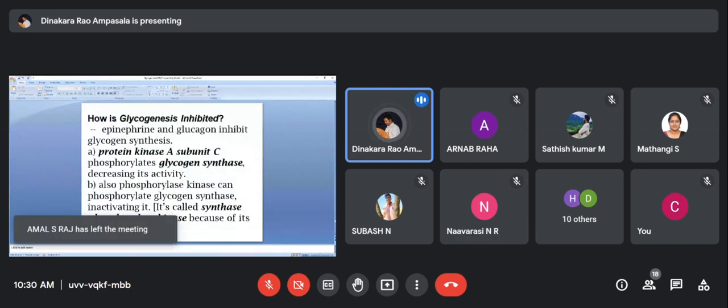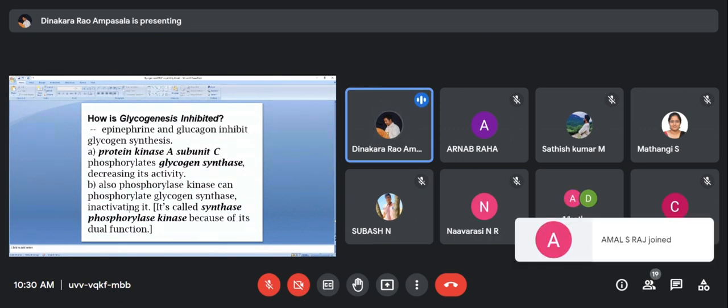How is glycogen synthesis inhibited? Epinephrine and glucagon inhibit glycogen synthesis in two ways. One is protein kinase A subunit C phosphorylating glycogen synthase, so that it is inactivated. Another way, phosphorylase kinase can also phosphorylate glycogen synthase, inactivating it.